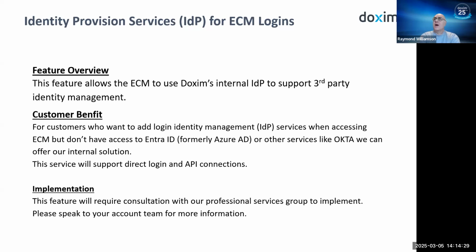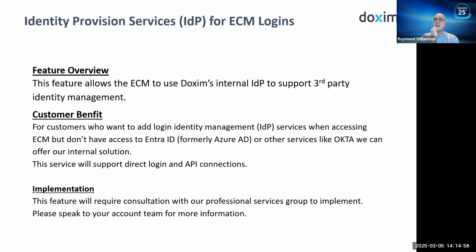And right now, or up until this point, for our IDP service we've leveraged formerly Azure AD, that's now called Entra ID, to provide those services. A number of clients have asked if we could provide some level of IDP ourselves without needing to go out to a third party.